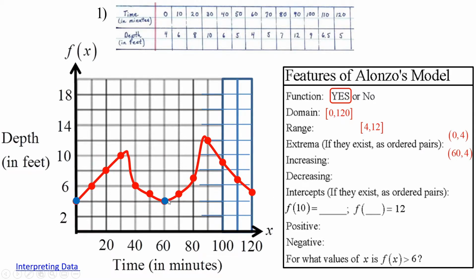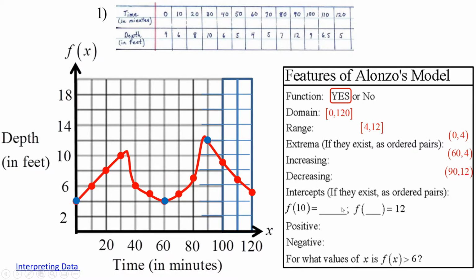And then we increase, and we get to this max output right there. And again, I'll use the documented stuff in Alonso's table. So I'm going to use the coordinates of this point right here. And that's going to be, my x is well, that's 89, that's 90, and f of 90 is 12. So (90, 12).